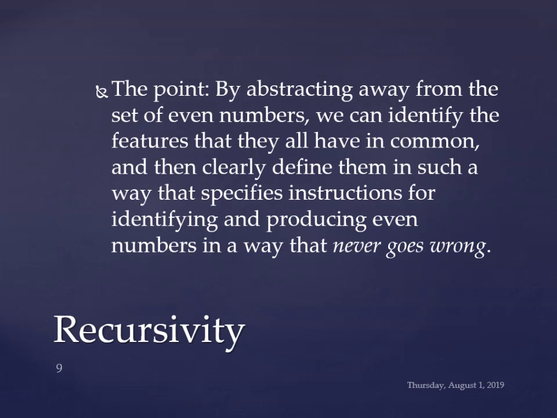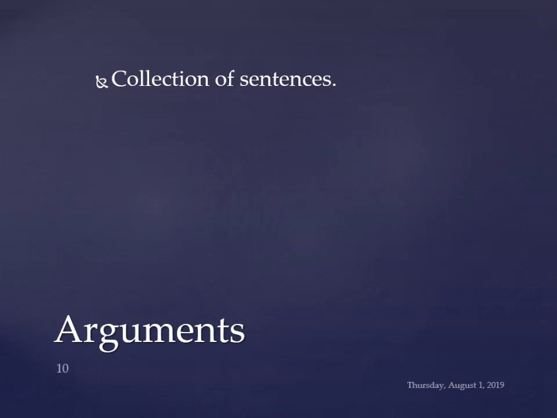It makes use of our abstracting process and then collects the information that we get out of it and puts it into a step-by-step definition that you can follow that is infallible. That's what we can do with recursive definition, and we'll be seeing that sort of thing a lot in our logical languages.